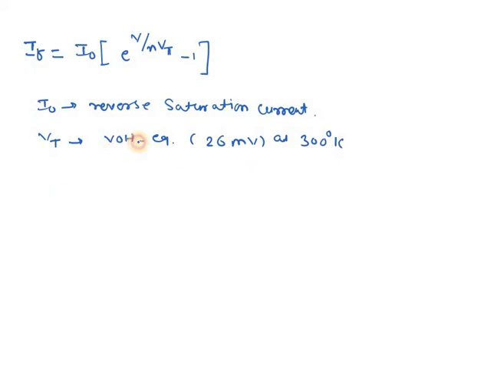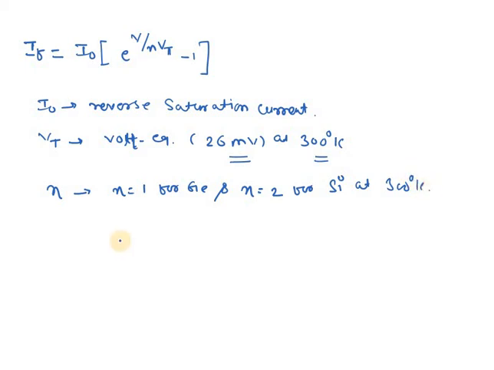So you may get a question like this one: the value of thermal voltage of diode is, what is its typical value? 26 millivolt, but at what? 300 degree Kelvin. And the value of eta depends upon the material that we are using. Typically it has a value of 1 for germanium material, and it has a value of 2 when we use silicon material, again at 300 degree Kelvin.